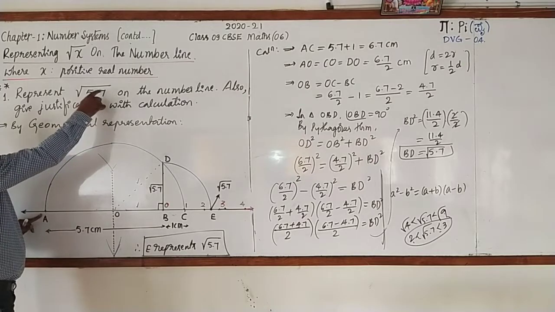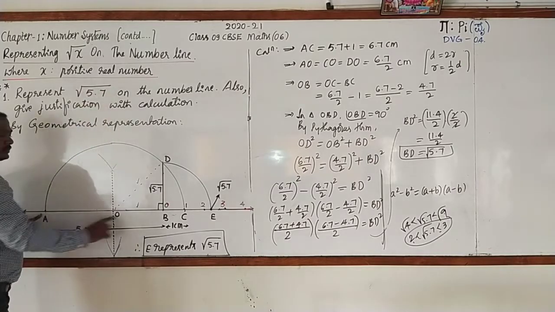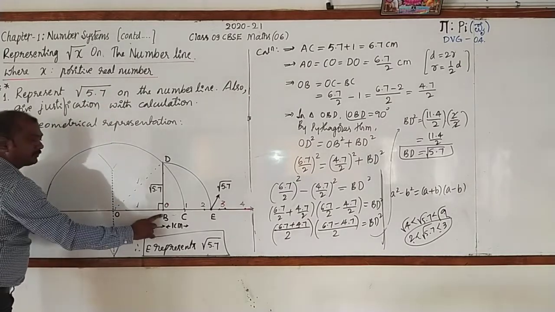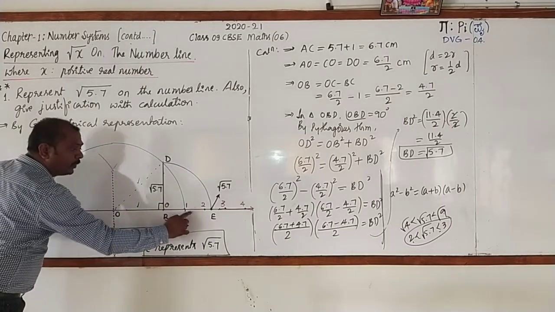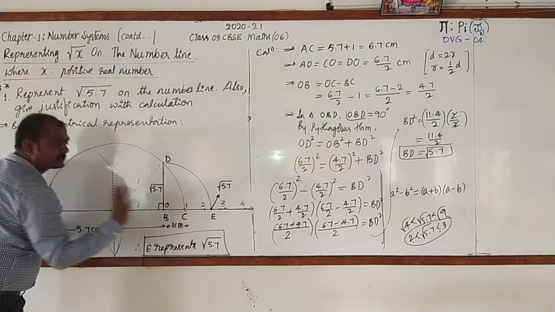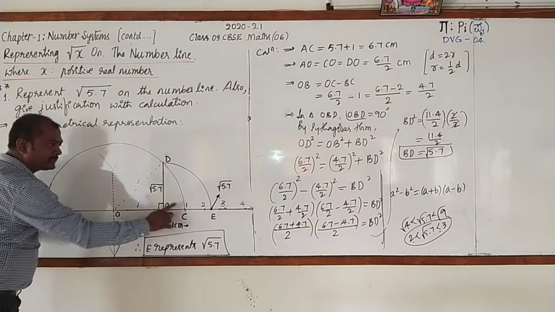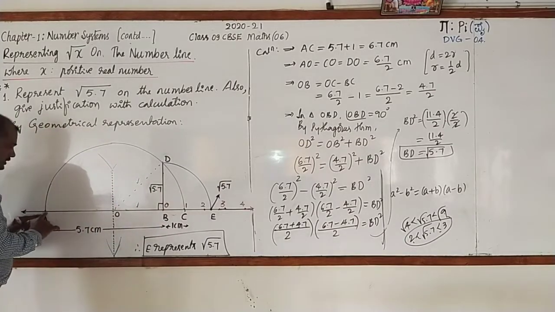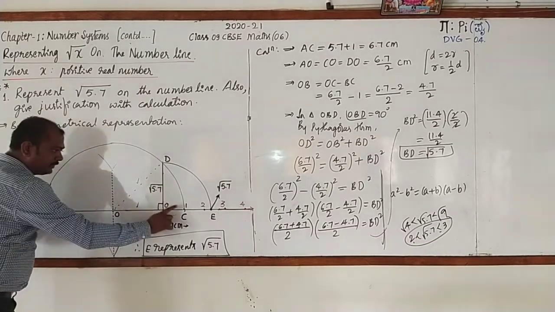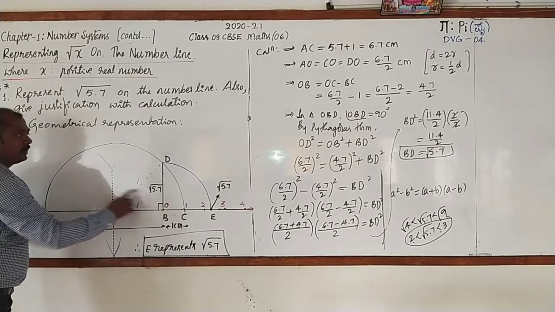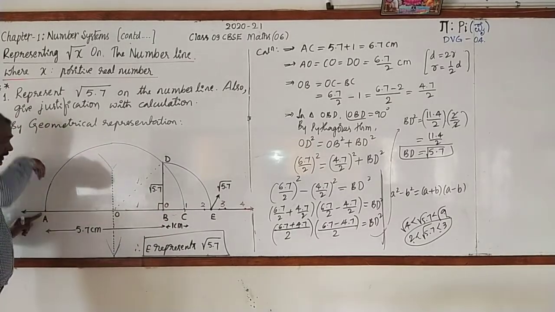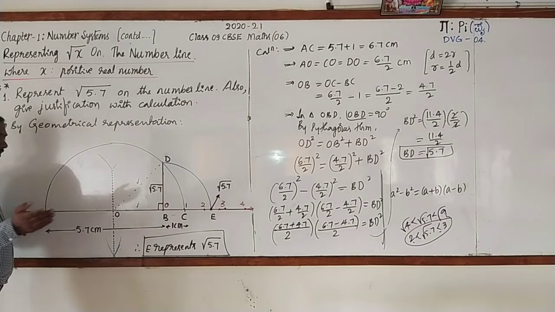Here whatever the number is inside the root, that should be marked. 5.7, here 5.7 plus 1 centimeter. Mark this point as C. 5.7 plus 1. Okay. Next, you have to mark the midpoint of AC. So you have to draw the perpendicular bisector, which you have already learnt in your previous class.